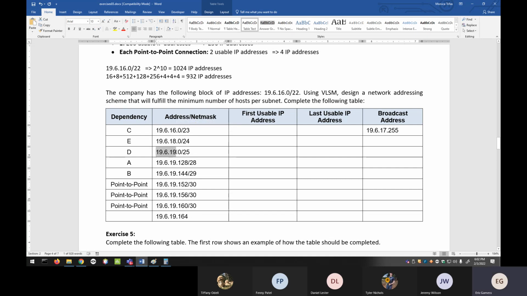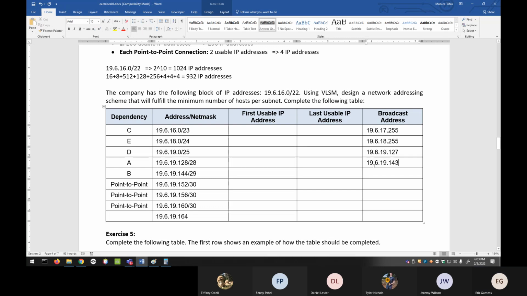What is one IP address before this one? One IP address before 19.0 is 18.255. What is one IP address before this one? 19.6.19.127. Here we will have what? Before 144, we have 143.